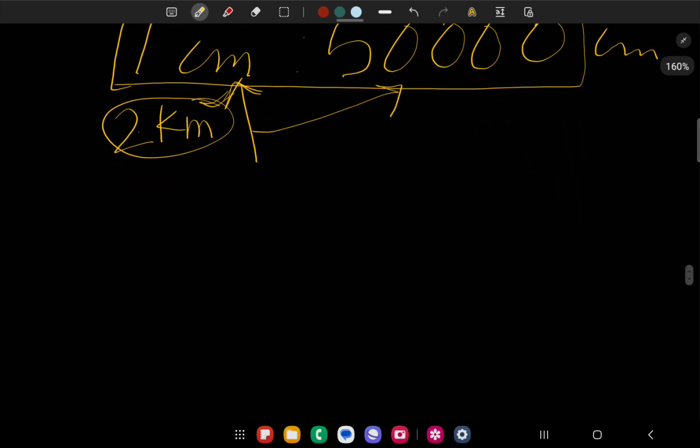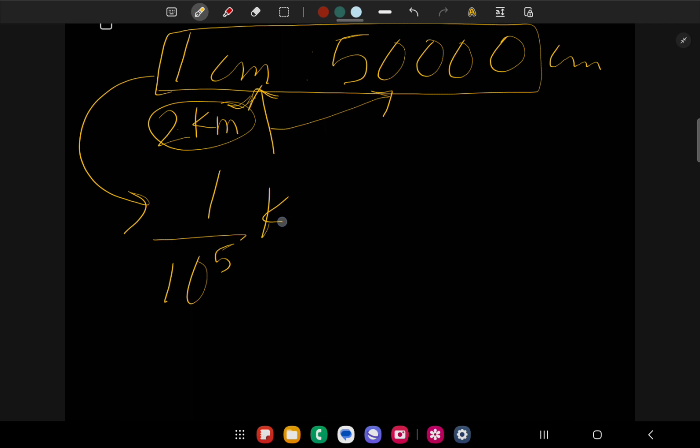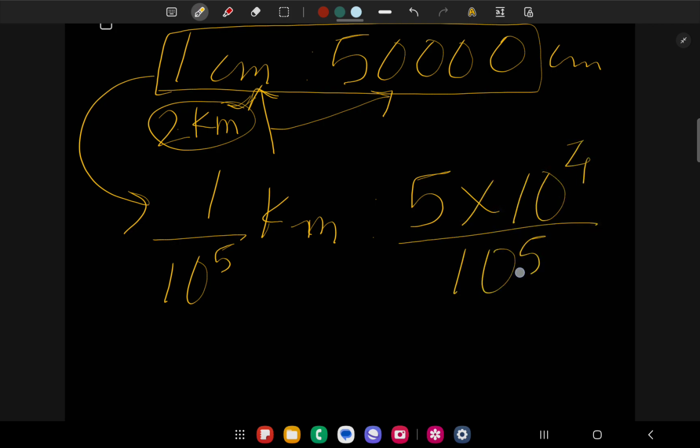So first let's convert both sides into kilometer. So it will become 1 by 10 to the power 5, it's in kilometer, and the other one is 5 into 10 to the power 5, it's in kilometer.